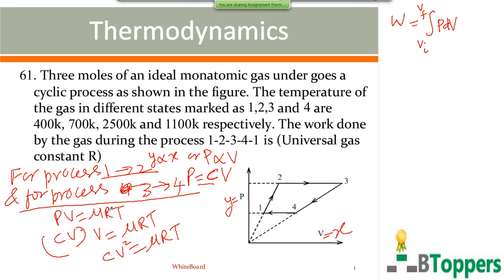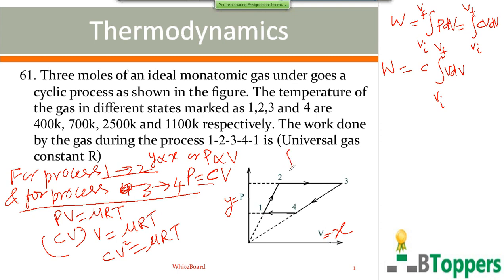In the present case, P can be written as CV, but C is a constant, so you can put C outside the integral symbol. So C integral V dV from Vi to Vf.